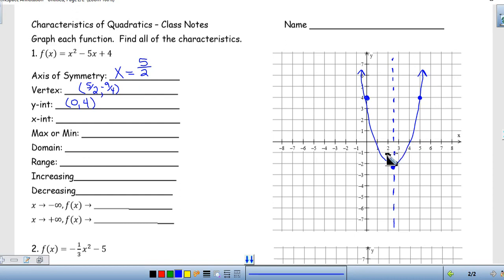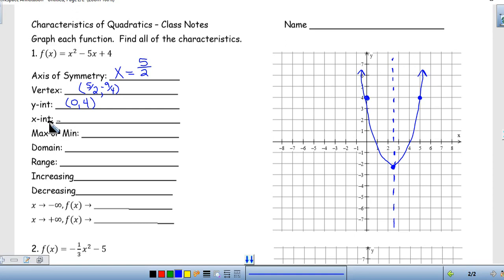Now, you may not have known this, but you have been finding the x-intercepts over the last couple weeks. Every time that we solve a quadratic function, whether we're factoring to solve or using quadratic equations or taking square roots, all of those are giving us the x-intercepts, the solutions to the function.